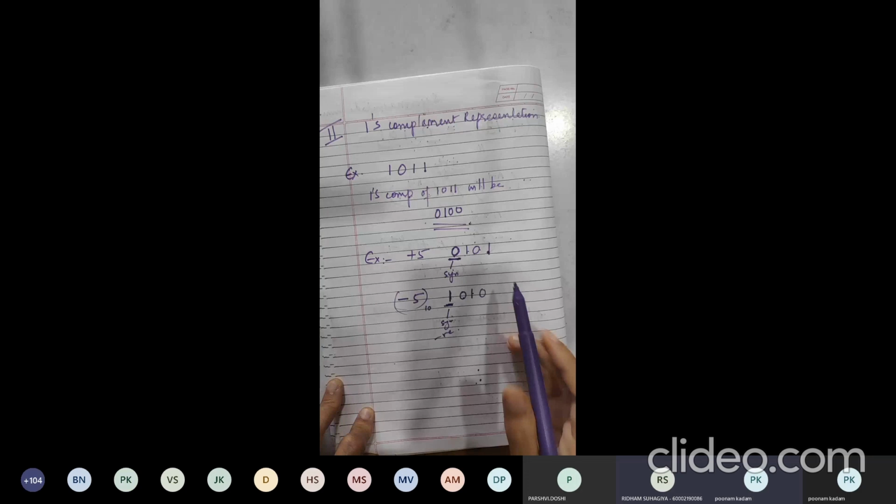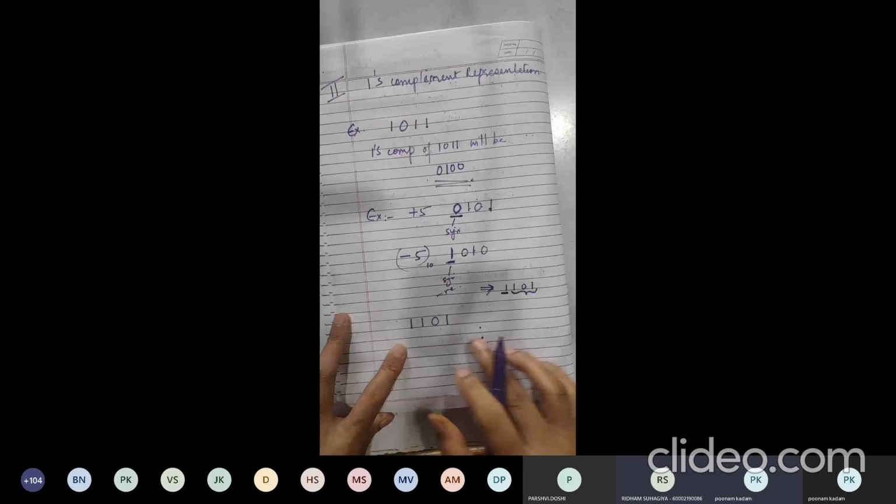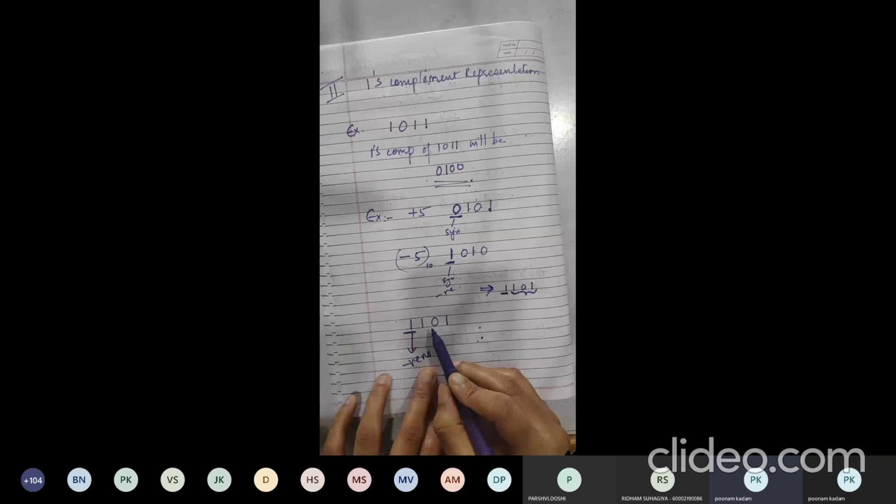There you learned that the first bit indicates a negative number and you find the magnitude from the remaining bits. But 1101 in one's complement representation means it is a negative number, and to find its value, you need to take the one's complement of this number.